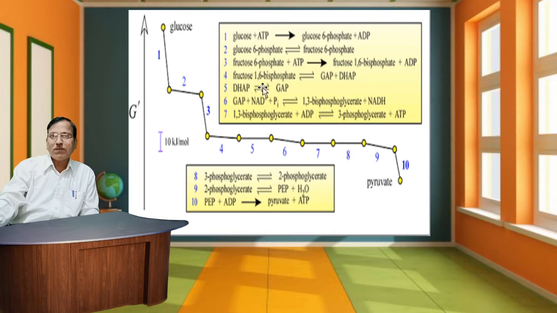In the fourth step, fructose 1,6-bisphosphate is converted into two products, GAP plus DHAP.